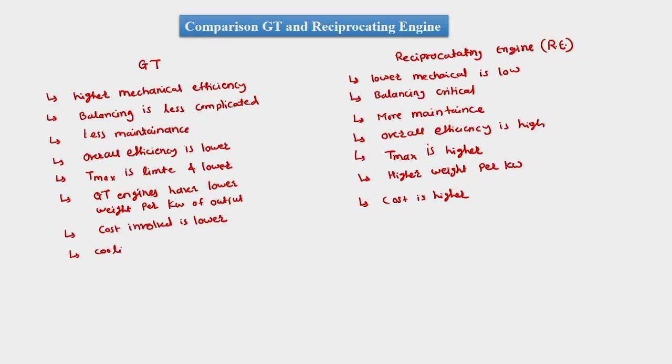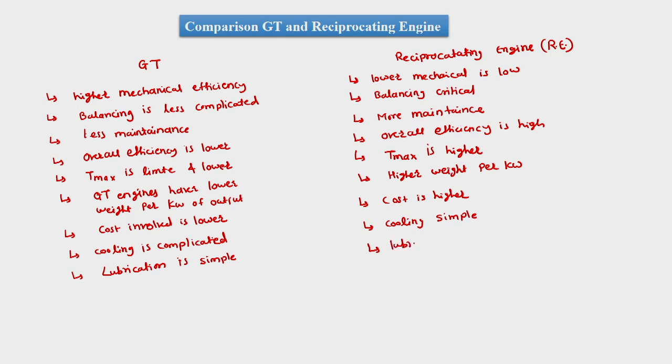Cooling of gas turbine is complicated, which we are going to see in one of the next classes, that we need to have special arrangement for turbine blade cooling. Here cooling is simple. Further, lubrication is simple for gas turbine power plants, since we have no reciprocating part.